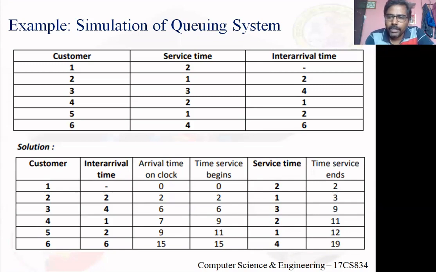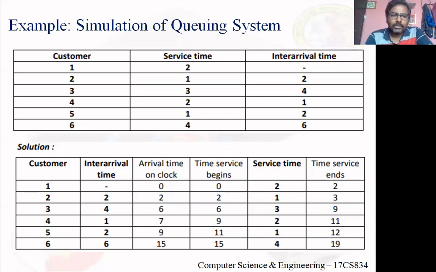The third arrival occurred at time 6, so the fourth arrival will occur at time 7. Clear?